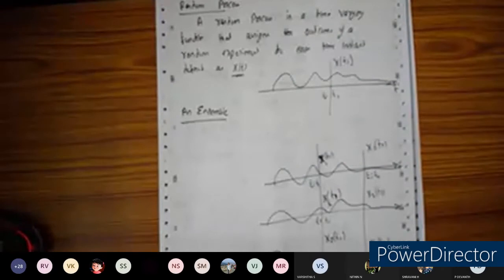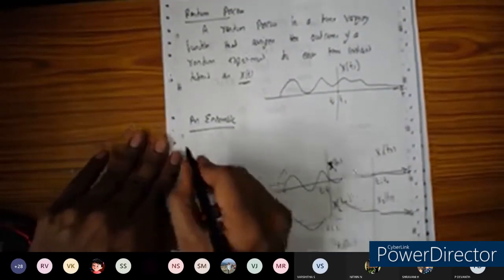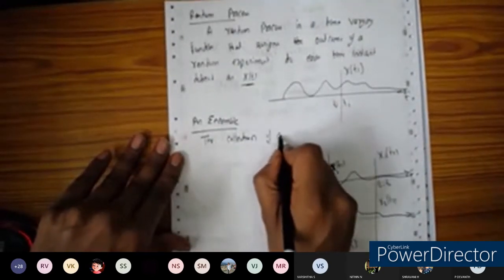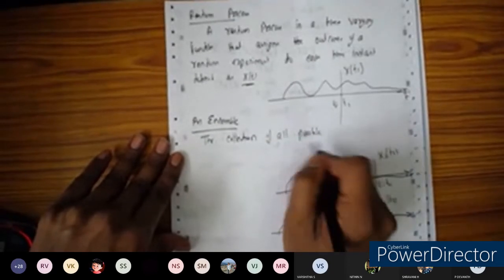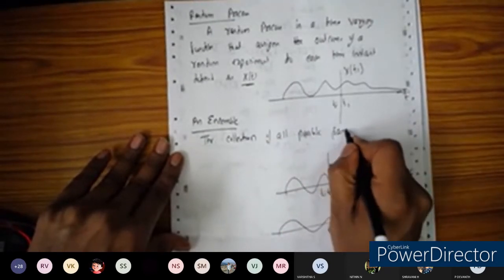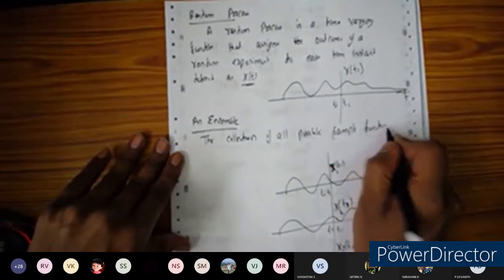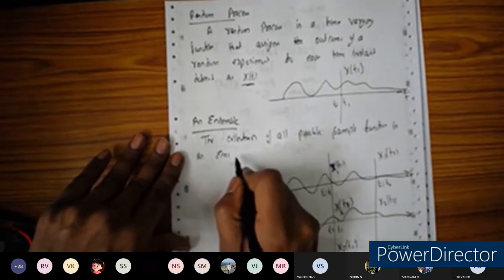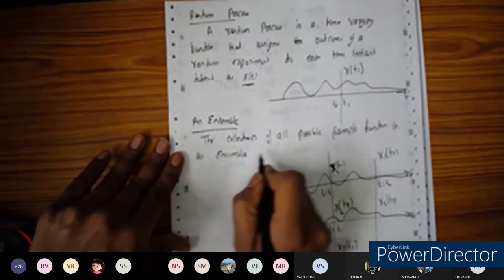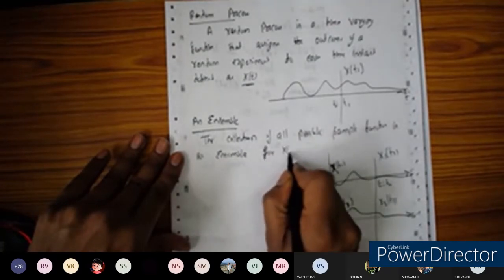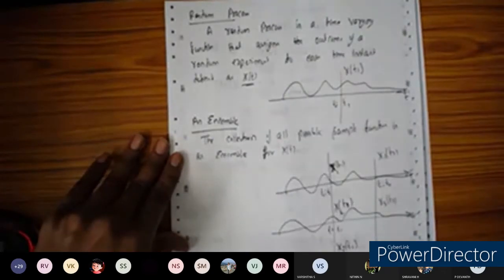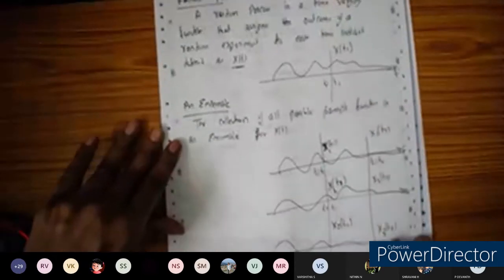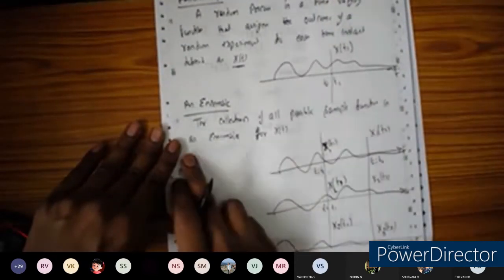So take the collection of all possible sample functions. It is an ensemble for x of t. The collection of all possible sample functions is an ensemble for x of t.